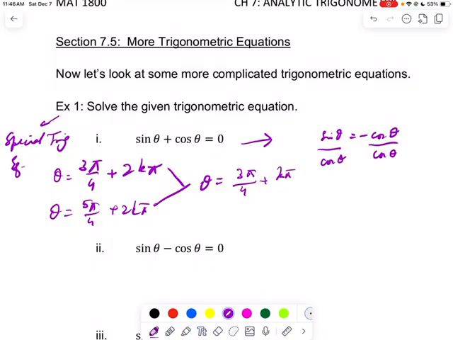So the left hand side becomes tangent of theta and the right hand side is negative 1. So now we are looking for theta when its tangent is negative 1. Remember, this is going to happen in the second or the fourth quadrant. So from there we get theta equal to 3 pi over 4 plus k pi, because remember the period of tangent is pi. So you can do it either way.